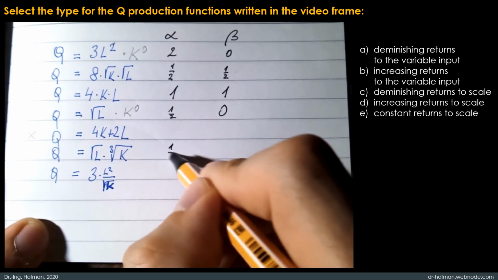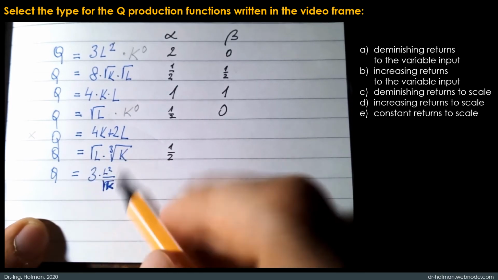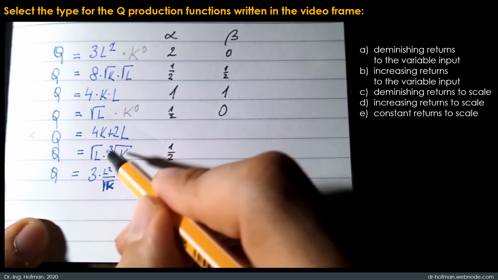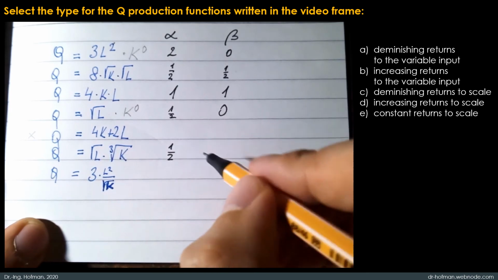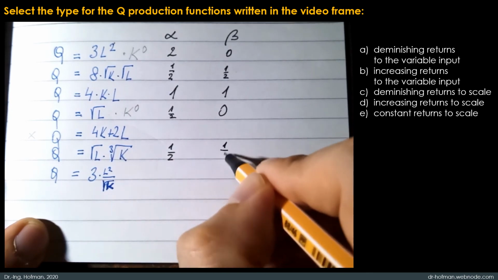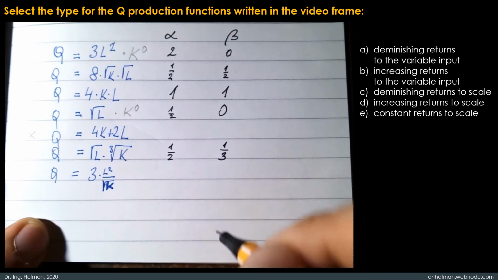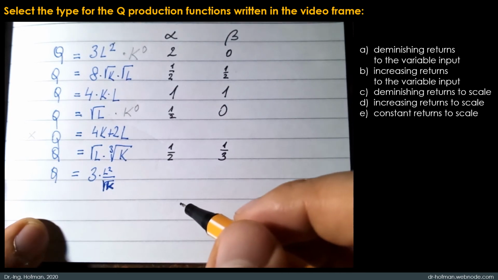I skipped this one with x because it's not a correct form, and for L here is 1/2 in the case of alpha and 1/3 in the case of beta.